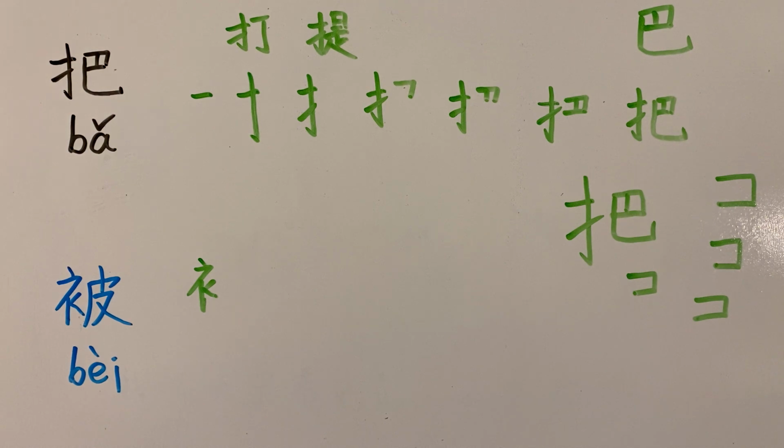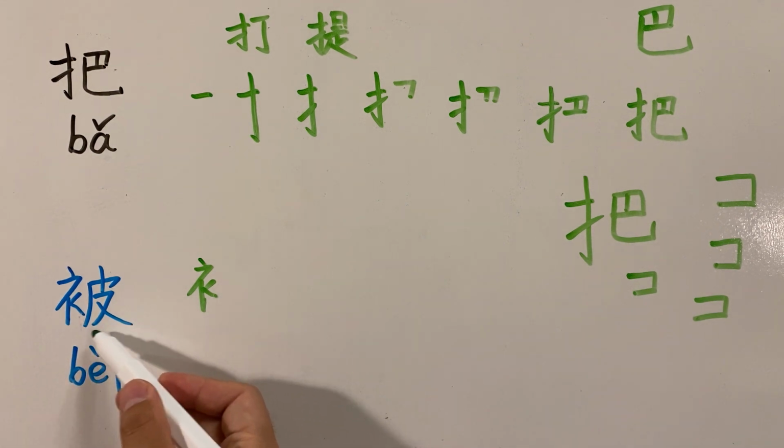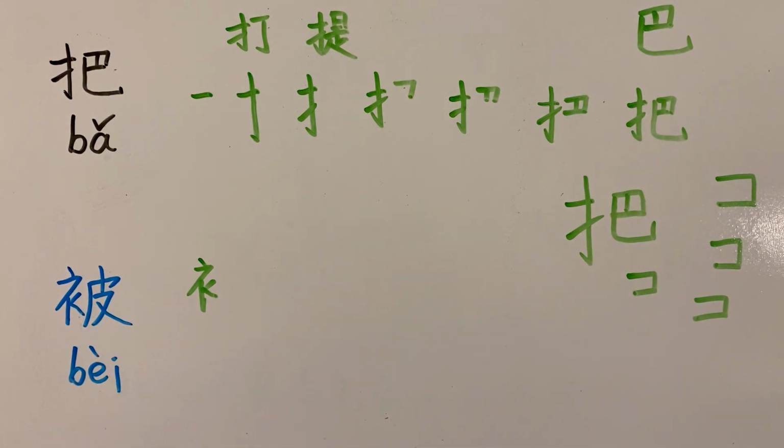Interesting, right? If you put 被 in a sentence pattern as passive voice, it only has the meaning of passive voice. But if you use 被 alone or as a noun, it means quilt. 被子.